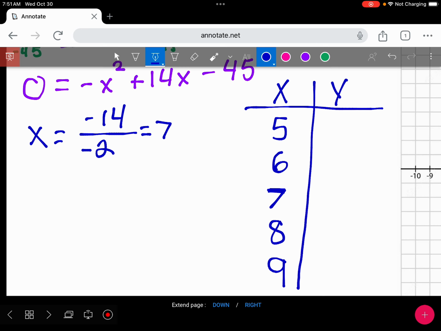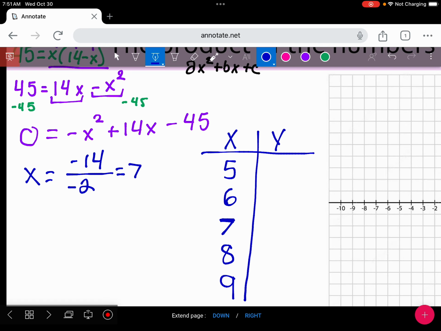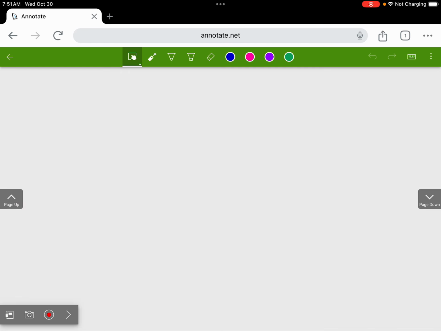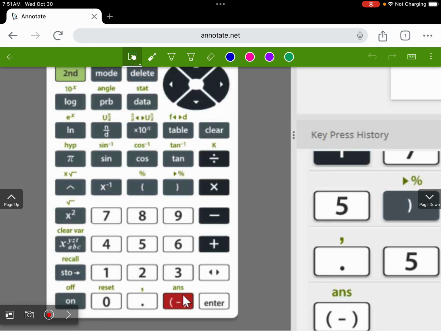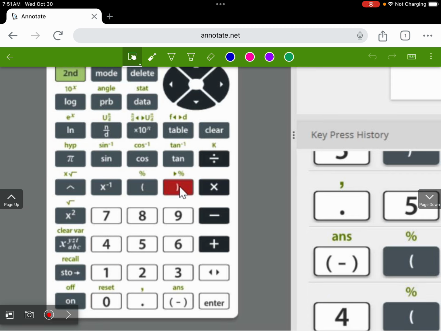To find our y values for this quadratic, we are going to substitute those x values into my minus x squared plus 14x minus 45. So we're going to have minus 5 squared plus 14 times 5 minus 45.